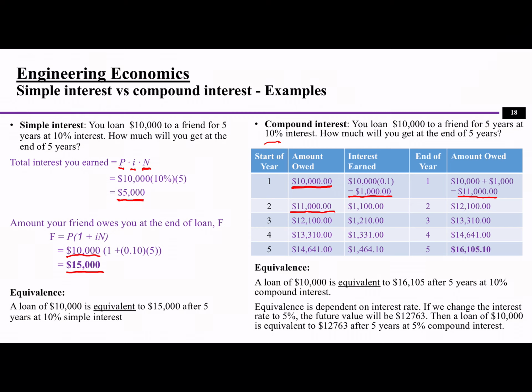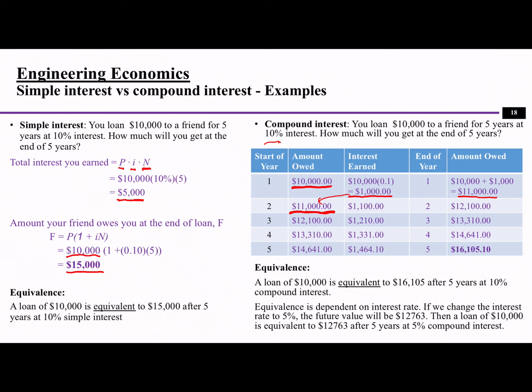But the second year will be a different story because in the second year, the original present value will be $11,000. So it includes the interest you earned from the first year. That's why it's called interest on top of interest, right?